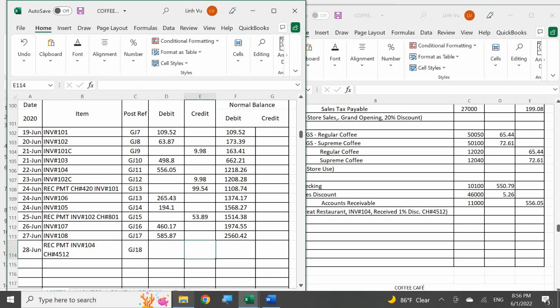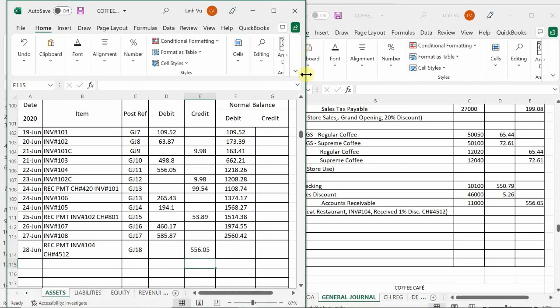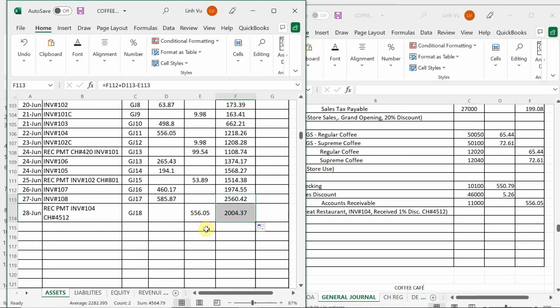And because that's going to decrease my total amount that Great Restaurant owes me by $556.05. Okay? So that should decrease your accounts receivable significantly by a total of $2,004.37.